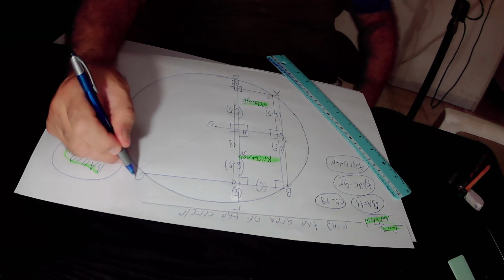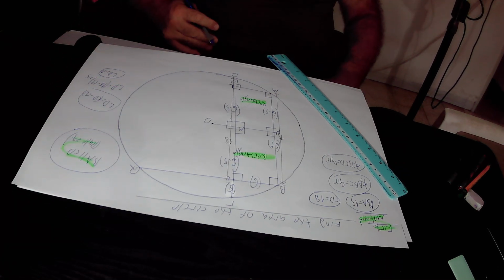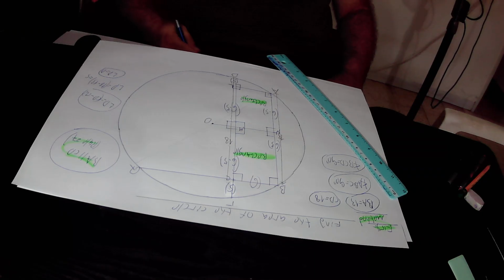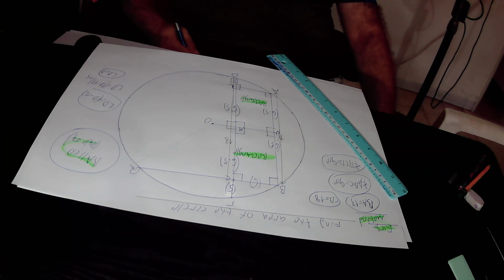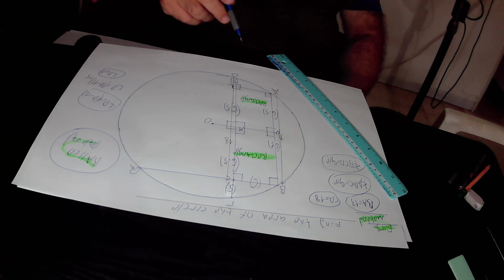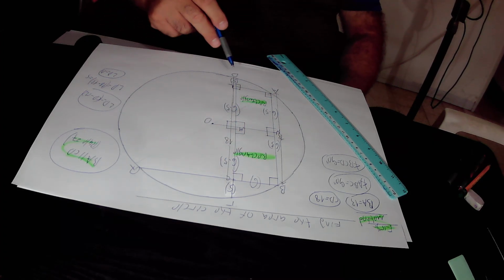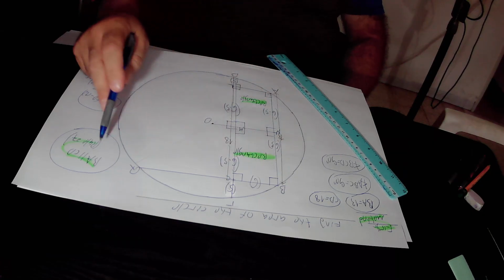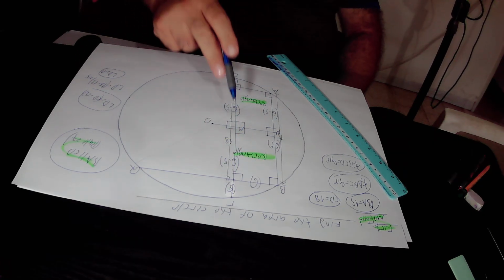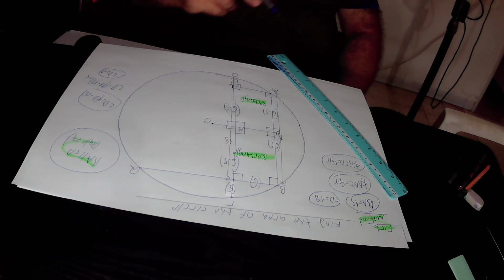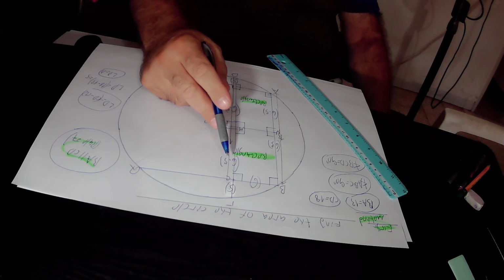This point is point Q. Here we can implement rule 15. Why? Because we have chord BQ that intersects with chord TD at point C. The intersection point occurs at point C.